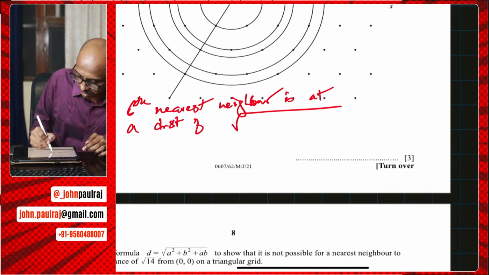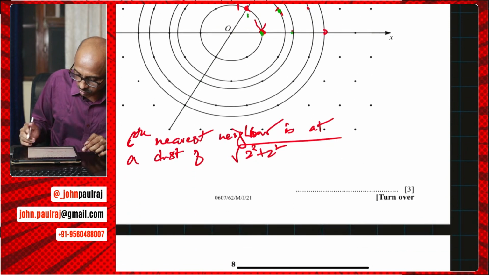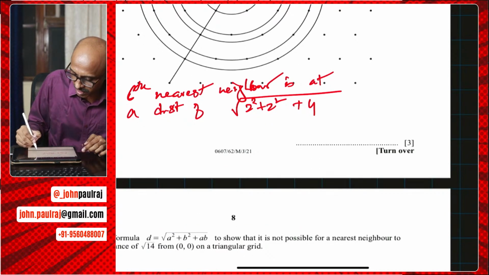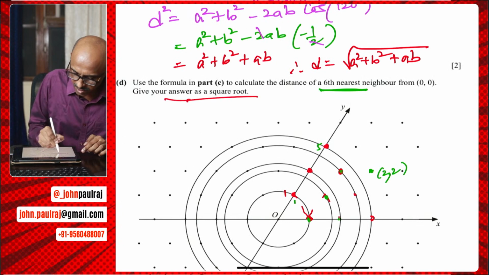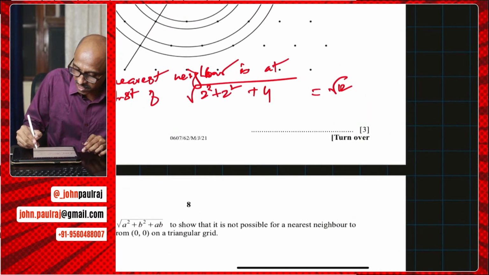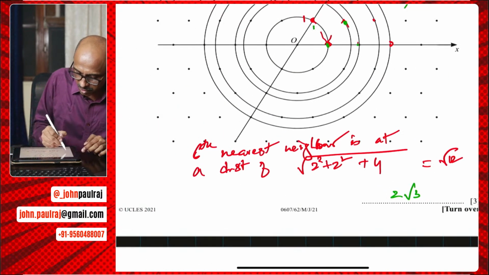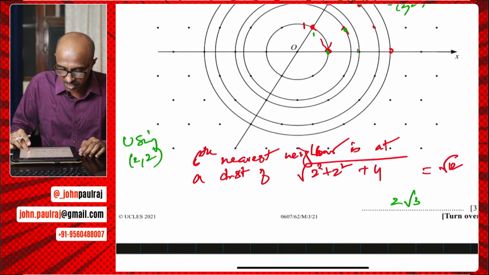So we are using 2 square plus 2 square plus 2 times 2, which is 4. So it's 4 plus 4 plus 4, that's 12. So you can write it as under root of 12. I think they said give your answer as a square root. If you want, you can simplify it: that's 4 times 3, which means it should be 2 root 3. You can leave it as a square root, and write down using 2 comma 2, so you've indicated clearly which coordinate you've used to arrive at that sixth distance.